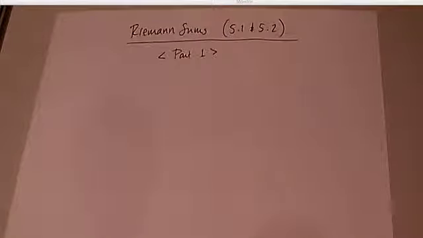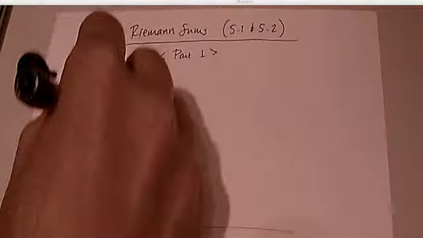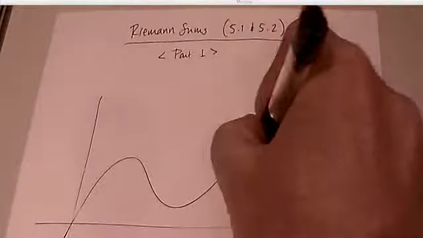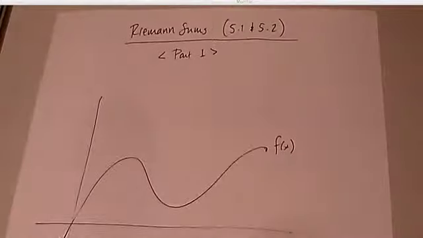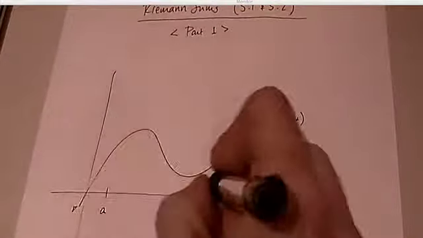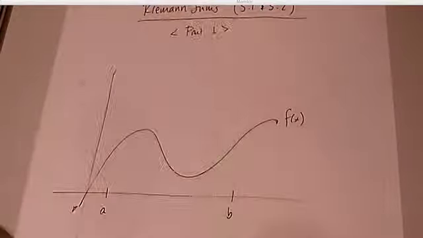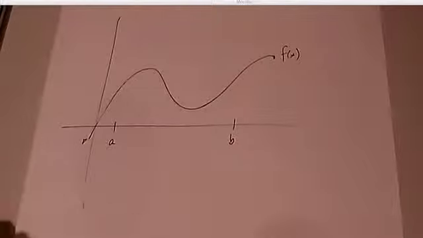So, in the interest of tying in what we did last year and reminding you of all of that, if we have any sort of curve, right? If we have something like this, and we'll call this f of x, and we want to find the area under the curve from A to B, well, if we want to find an approximation, we need several things.